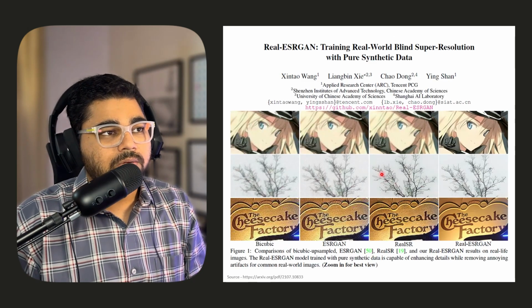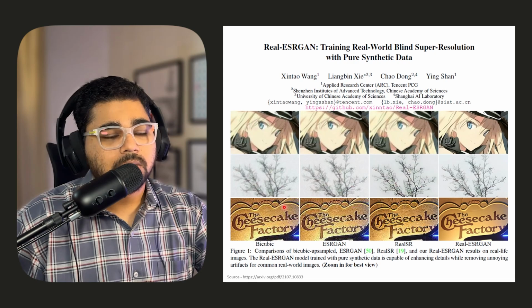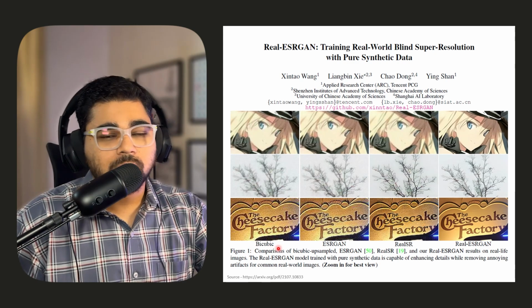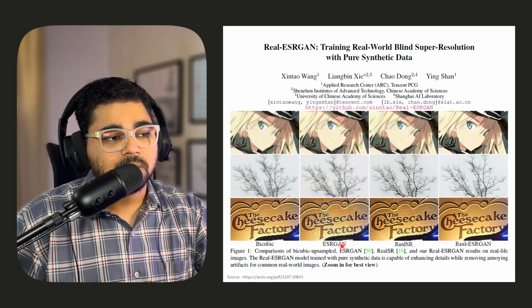So now let's look at this particular paper, which is Real-ESRGAN, Training Real-World Blind Super Resolution with Pure Synthetic Data. Here they are quickly comparing with other models. Bicubic was an interpolation model, this is the earlier ESRGAN, which came in 2018, and this is 2021. You see the difference is quite substantial.